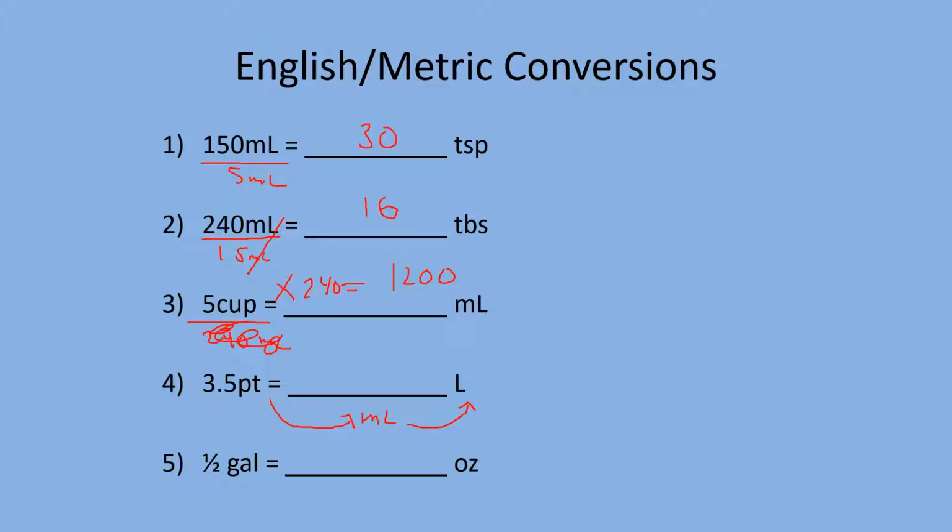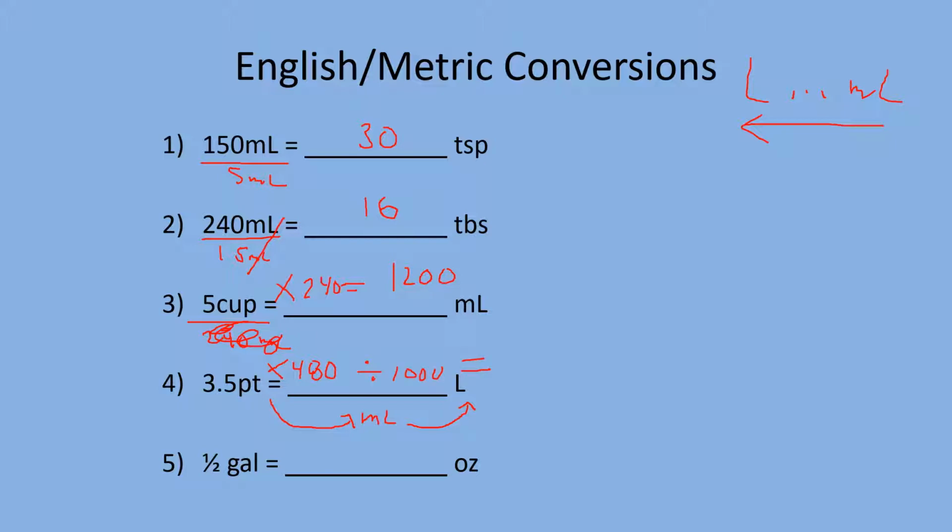Do you multiply or divide? Gotta multiply first. Multiply by 480. All right, so now we're in mLs. How do we go from mLs to liters? 3 spaces to the left, right? Or that would just be divide by 1,000.